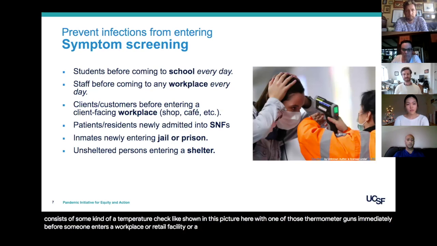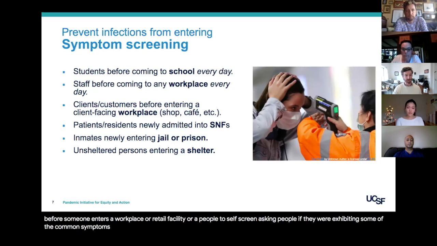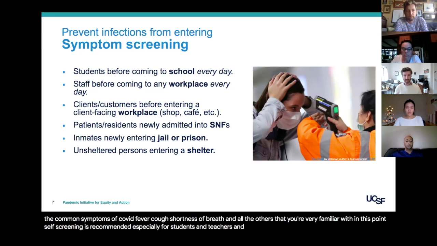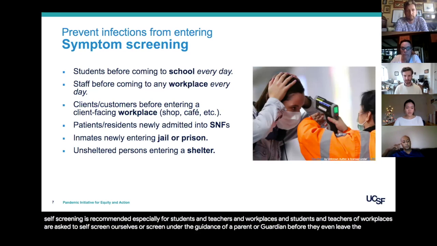But it also involves asking people to self-screen, asking people if they or anyone in their home is exhibiting some of the common symptoms of COVID, including fever, cough, shortness of breath, and all the others that you're very familiar with at this point. Self-screening is recommended, especially for students and teachers in workplaces, who are asked to self-screen, or screen under the guidance of a parent or guardian, before they even leave the house.